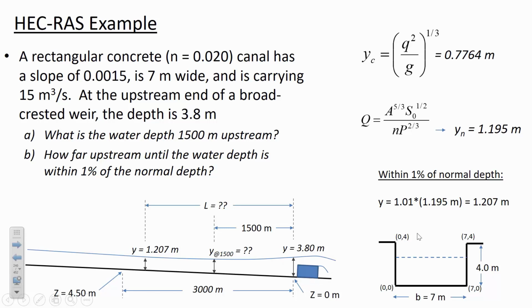So we have to tell HEC-RAS what this channel looks like, and then we also have to tell it where the bank is. In our example, the bank and the edge of the channel are going to be the same, but if we have a more sophisticated or complex geometry, it could be that you have something that looks like this. I'm just drawing on the board where we have a main defined channel.